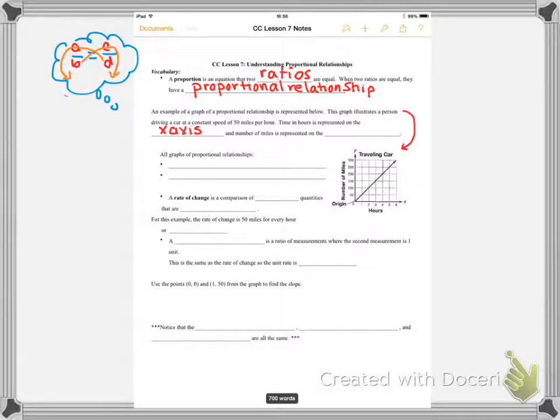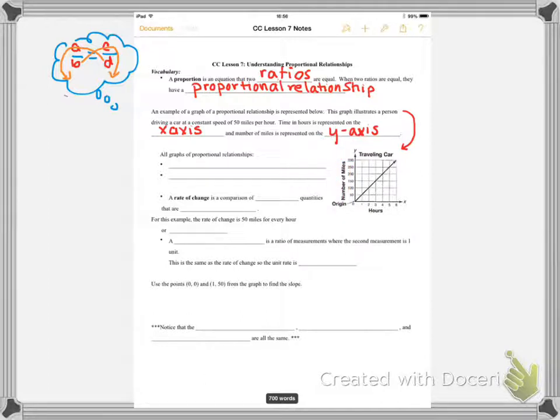So if you look below on the x-axis here, time in hours. And then the number of miles is represented on the y-axis.